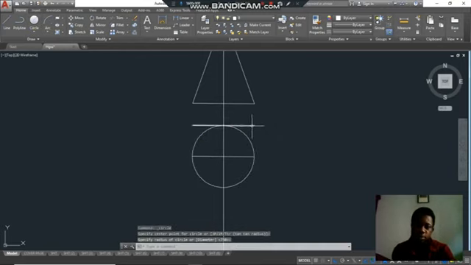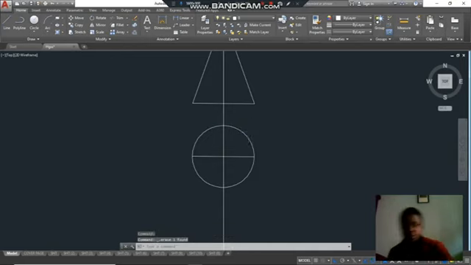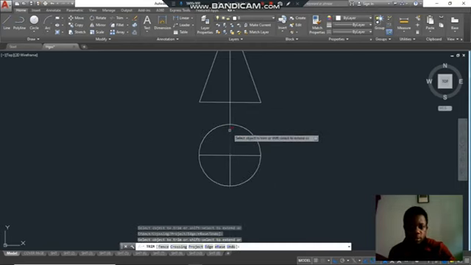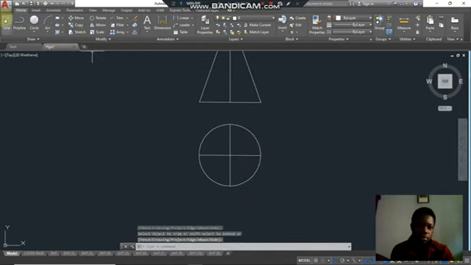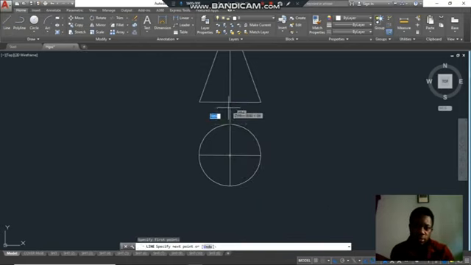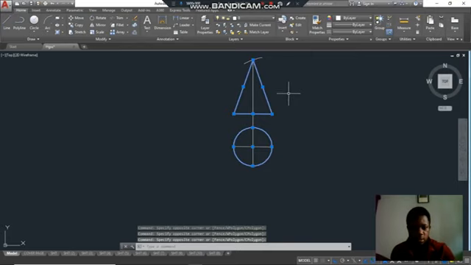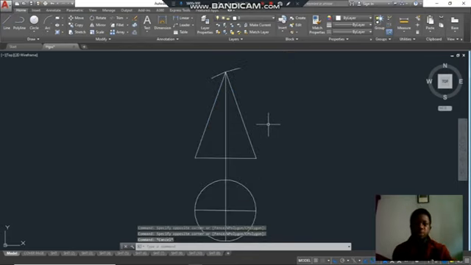I'm taking this line off, and now I can take away this part, and this part. Oh, sorry, let me truncate this first.